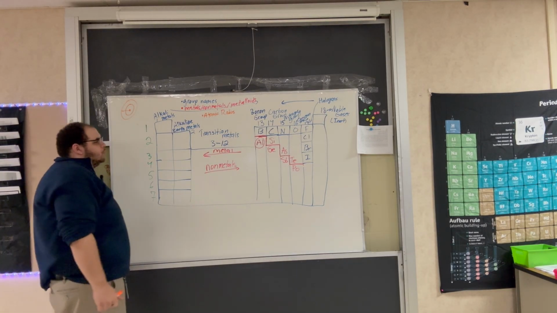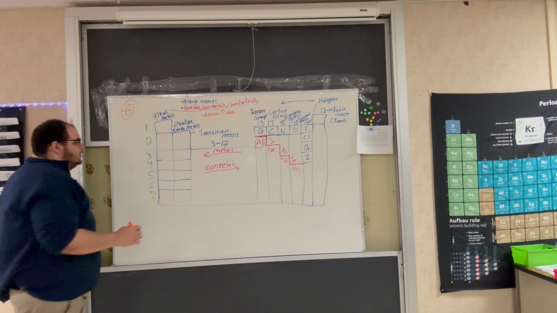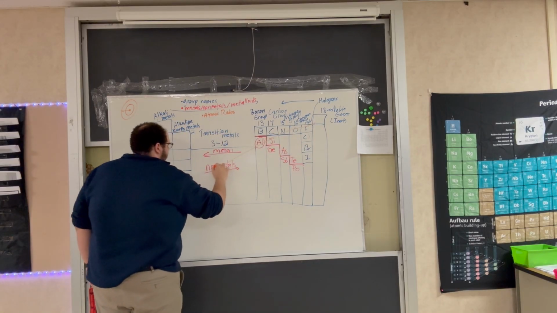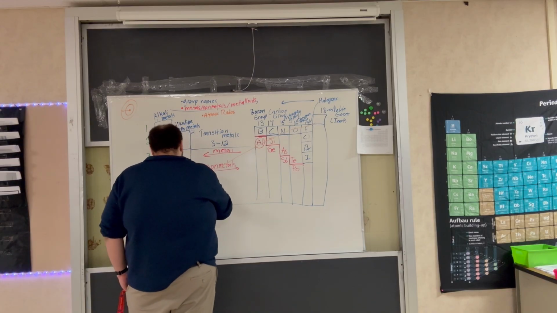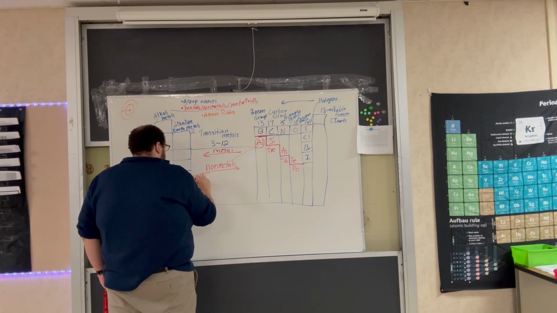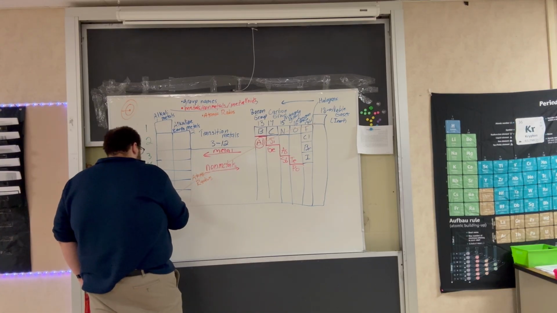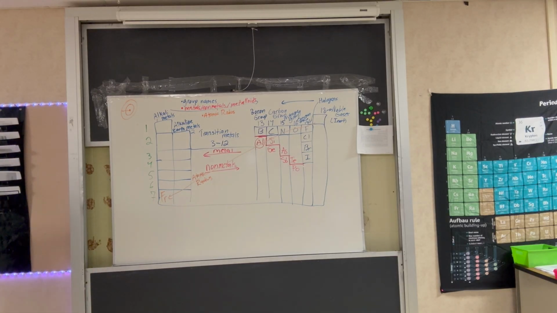What I need you to know is that atomic radius increases as you go down and to the left, with francium having the largest atomic radius, helium the least.